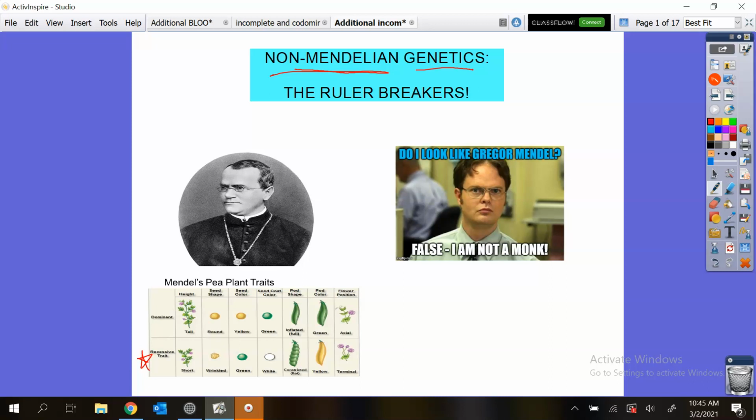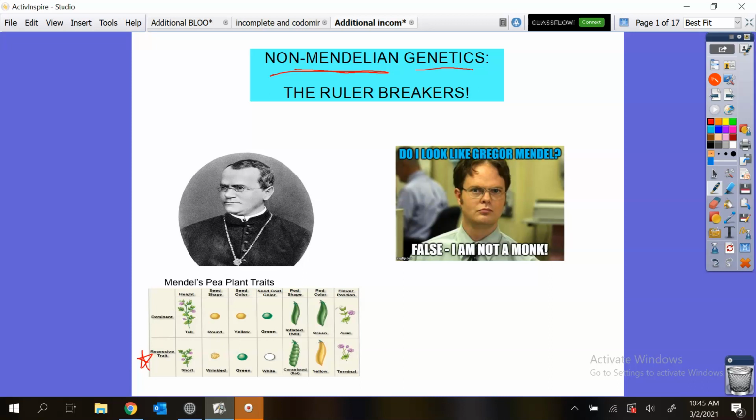But today we're going to be looking at the rule breakers, the ones that do not follow that dominant and recessive pattern of inheritance. Now, remember, flowers reproduce sexually, so that is how Mendel was able to experiment with them. Remember, the pollen is the sperm of the flower, where the fruit is the egg.